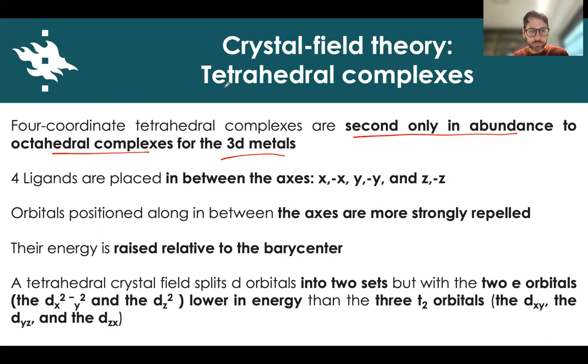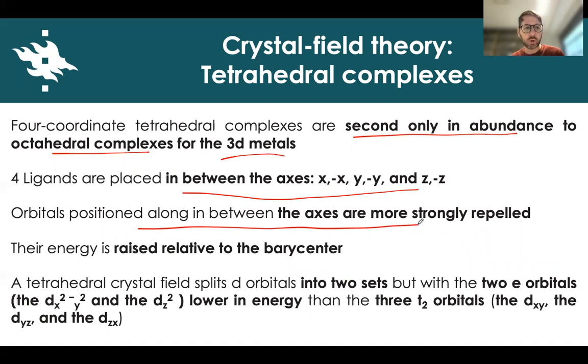So for a tetrahedral complex, the 4 ligands are placed in between the axes, and the orbitals positioned in between the axes are more strongly repelled, and their energy is raised relative to the barycenter. Therefore, the tetrahedral crystal field will split the d orbitals into 2 sets of energy, but with an inverted trend relative to the octahedral, in which the 2 e orbitals will be lower in energy than the 3 t2 orbitals.